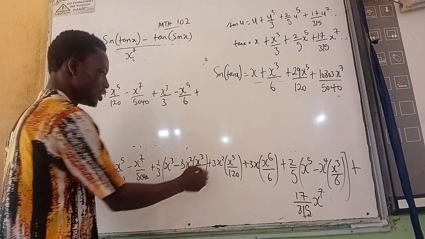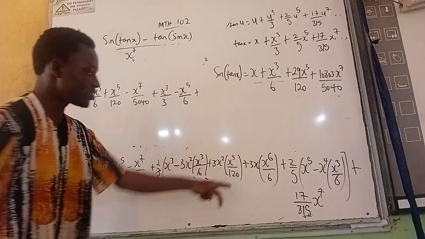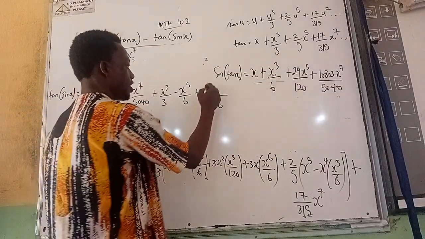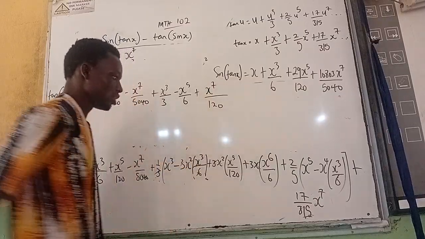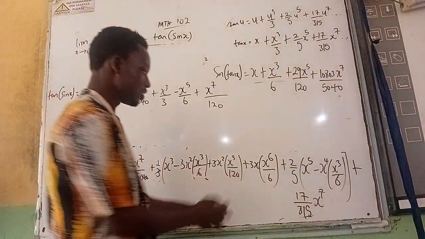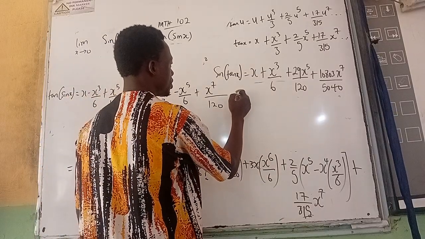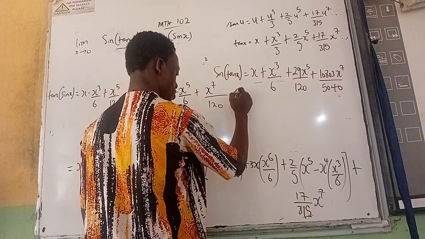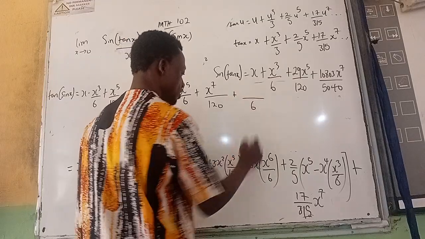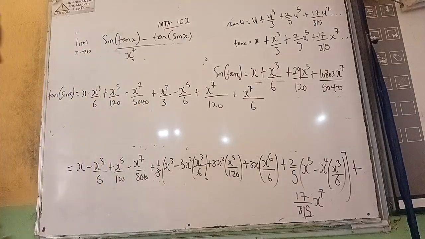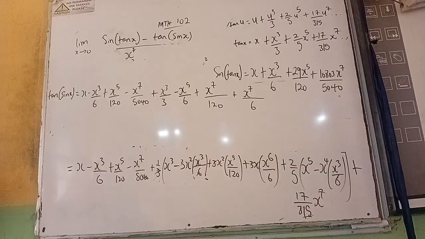Plus this 3 we cancel this 3. We still have 120 there. Over 120. x square and x^5, that's what? x^7. Are we together? This 3, we cancel this 3. We have 6 here, over 6, plus this over 6. x and x^6, that's x^7. I hope there is no problem again.